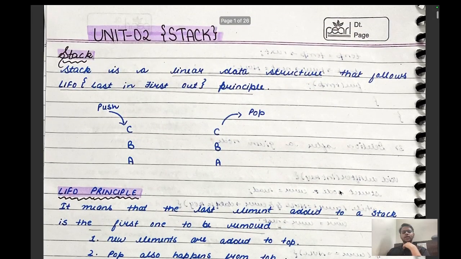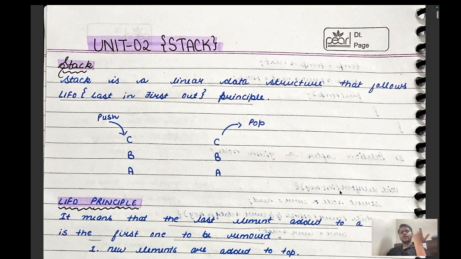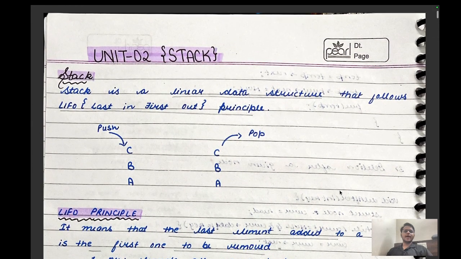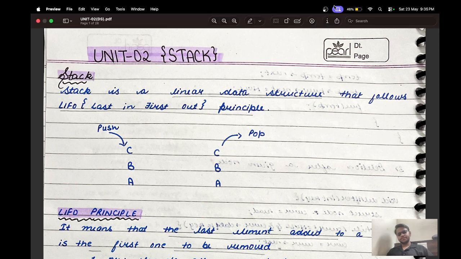You are also going to discover how we can implement and write code in the language C to make a new stack and perform various operations like addition, deletion, pop, push, and various other things you can do in stack.